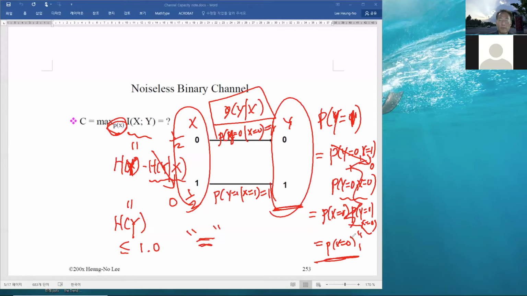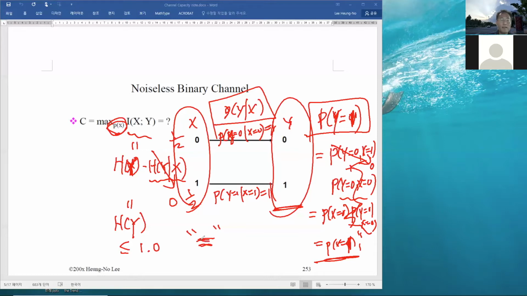Using the same procedure, the probability of Y equal to 1 is equal to p of x equal to 1. So the input distribution and the output distribution are the same.